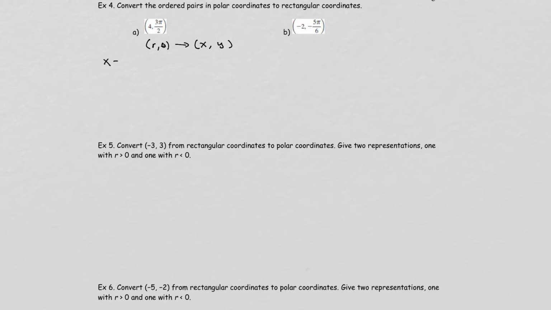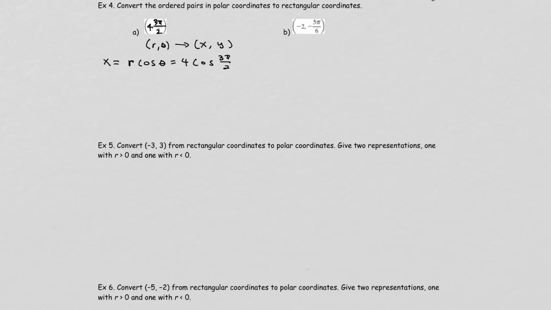Then we know that x is equal to r cosine theta. So when we replace this, your r is going to be 4, and theta, the angle, is going to be 3 pi over 2.